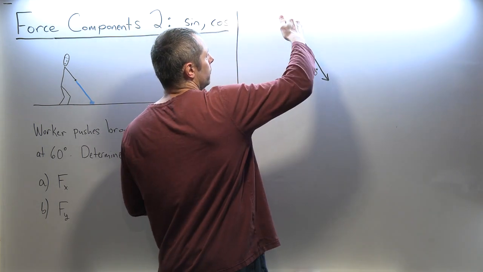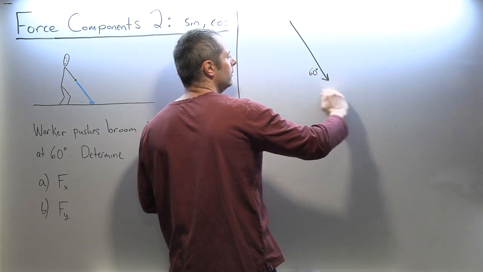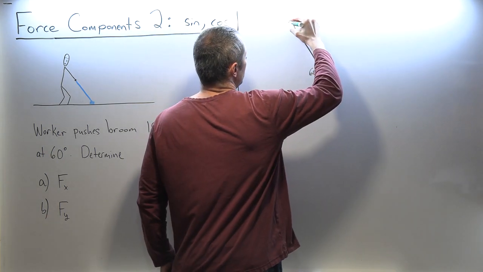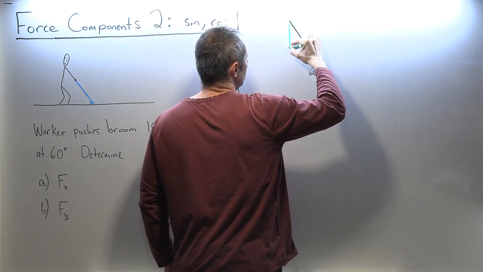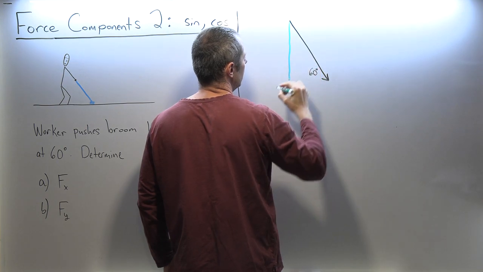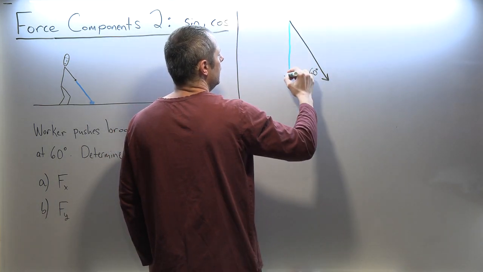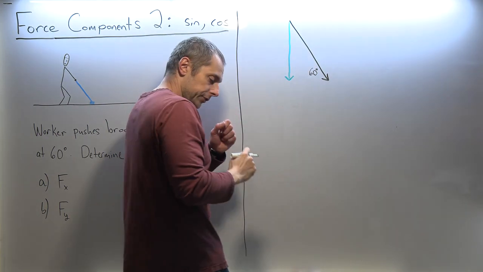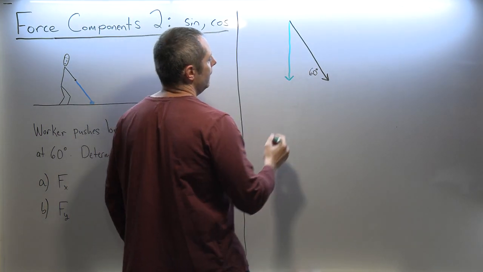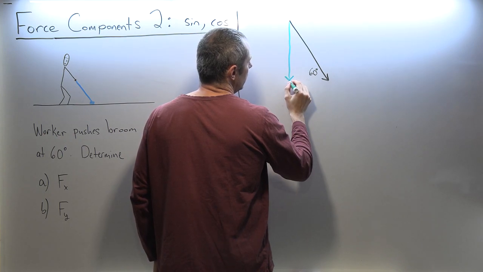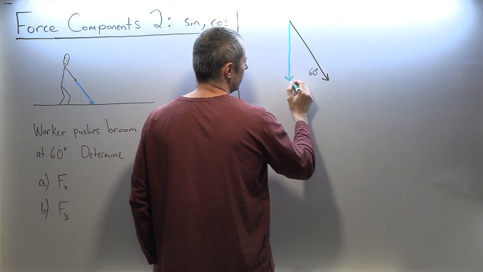This force goes down and to the right at the same time. So right here I'm going to draw a downward component, straight down. And you need an arrowhead on that. So it's not up, it's down. Right? You're pushing that broom down. And then there's a horizontal component, because this force tends to go to the right.